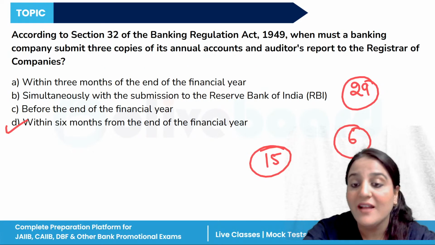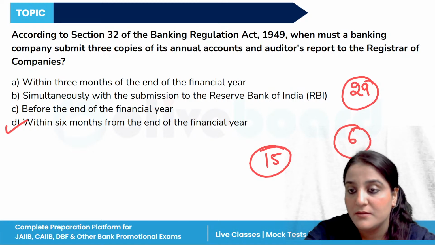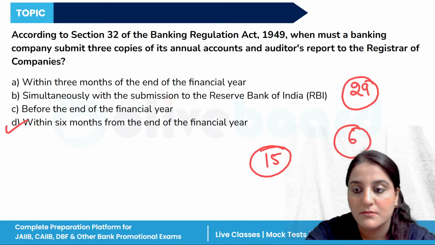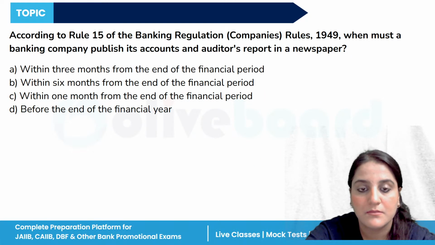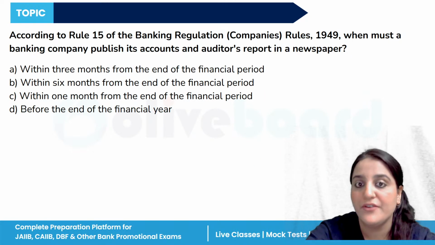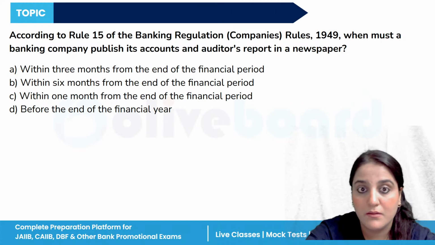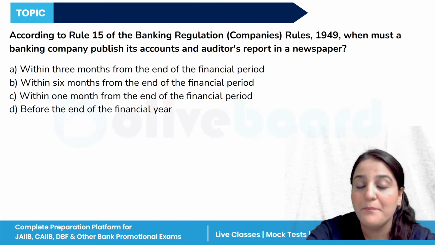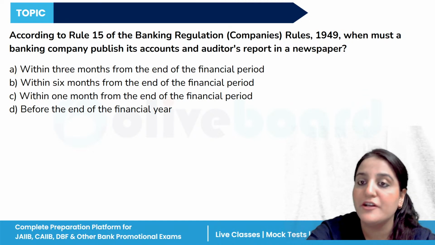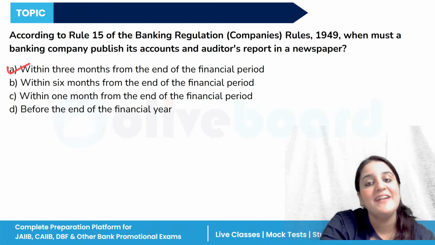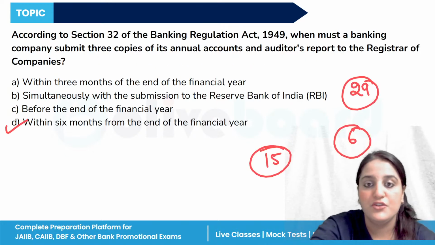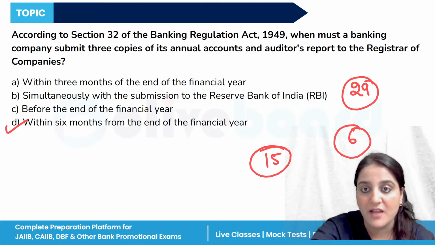Yes, the answer will be option D. According to Rule 15, a banking company publishes accounts and auditor reports in a newspaper within 3 months from the end of the financial period. So these two questions have two different answers.